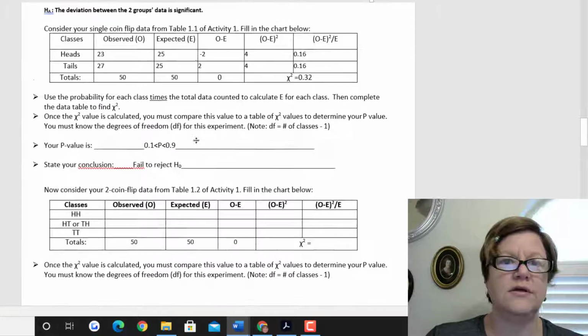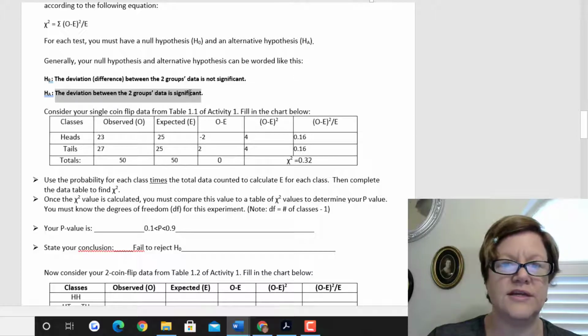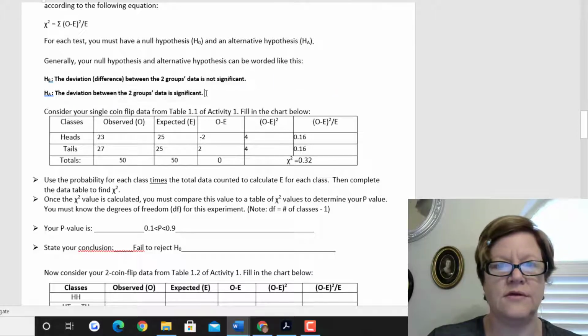You say reject H null in favor of HA. It means that the deviation between the two groups' data is significant. Well, not that you believe it, but that the statistical test shows that.